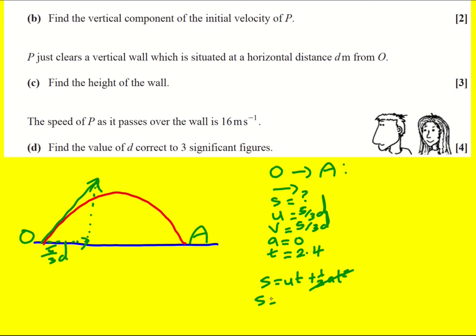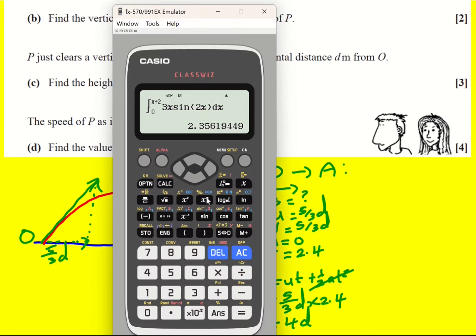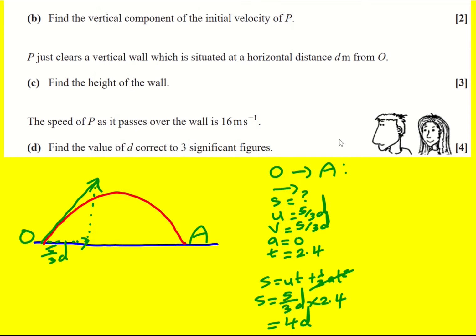And therefore s is going to be 5 over 3d times 2.4, and that becomes, put it in your calculator, 4d. There we go. So that is our answer for the first part.